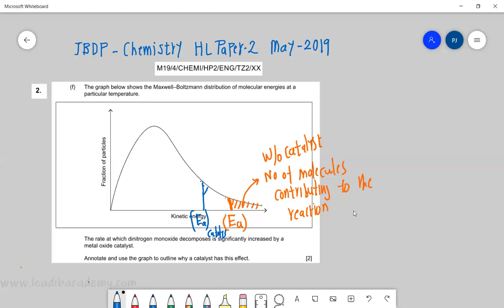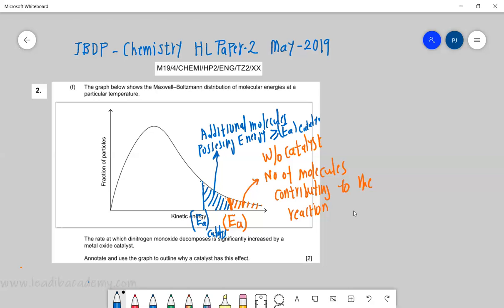We are introducing additional molecules, shown in blue, possessing energy greater than or equal to the new EA with catalyst.